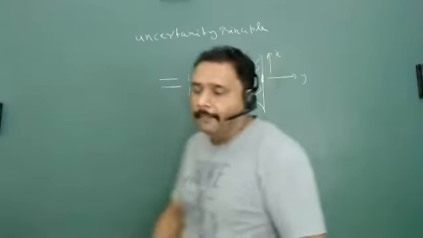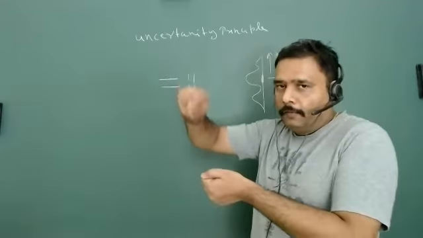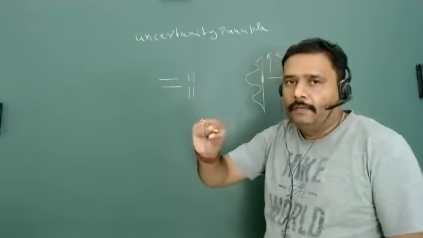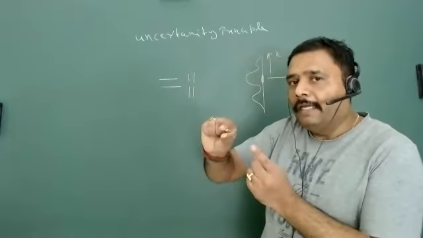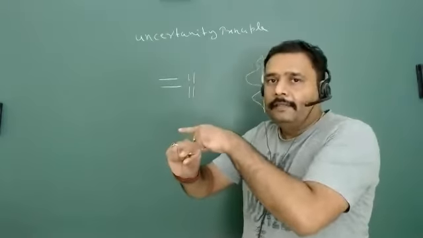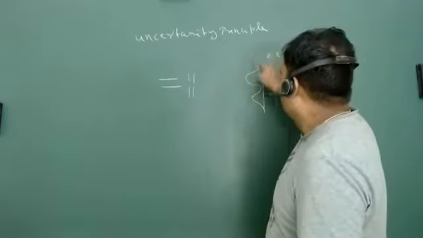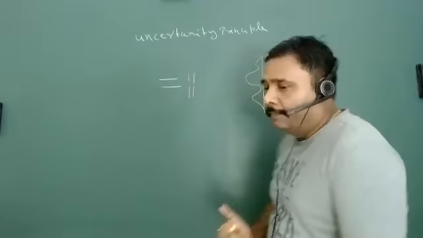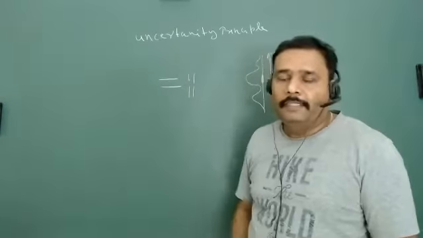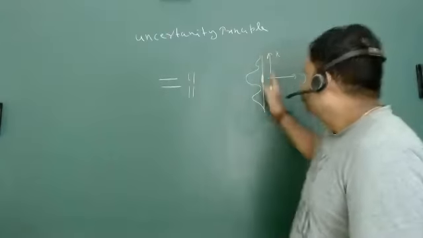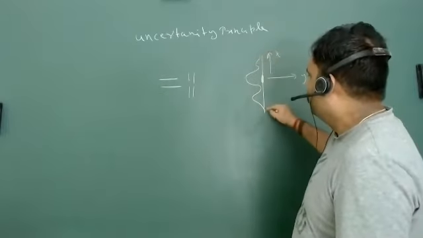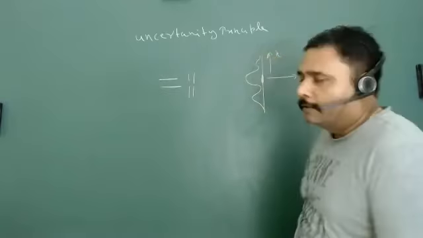So what will happen if you are reducing delta x? What will be the effect on px? It increases, such that light will go up to this level and this level. The momentum is going to increase very fast. That is why you get light here and here also.